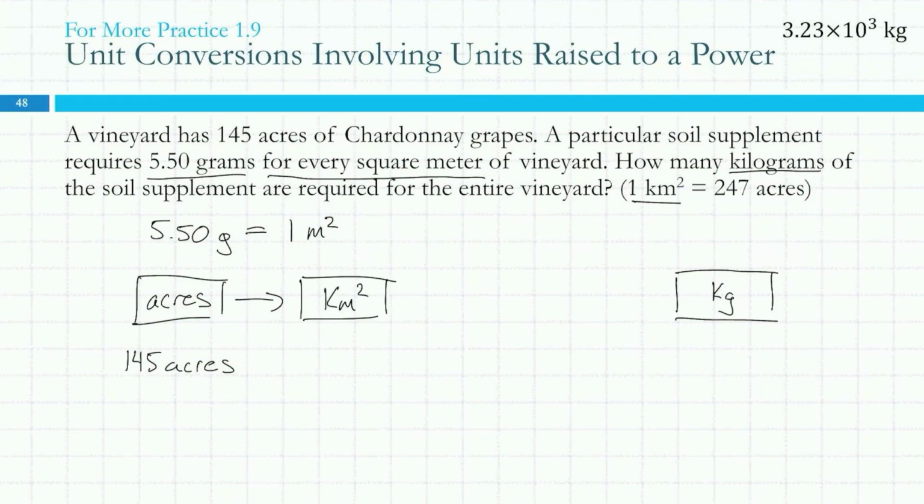So now for square kilometers, can I relate that to my other conversion factor? Yeah, right? Remember, M for meters. So I can go from square kilometers to square meters, kilometers squared to meters squared.